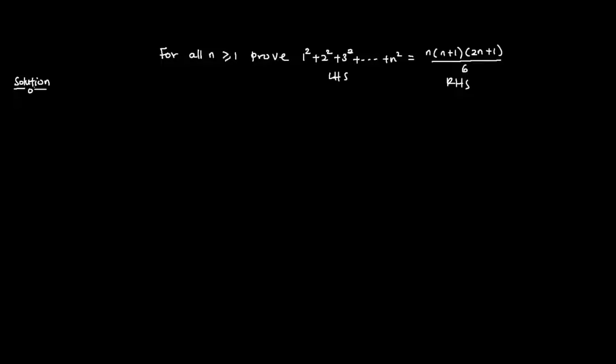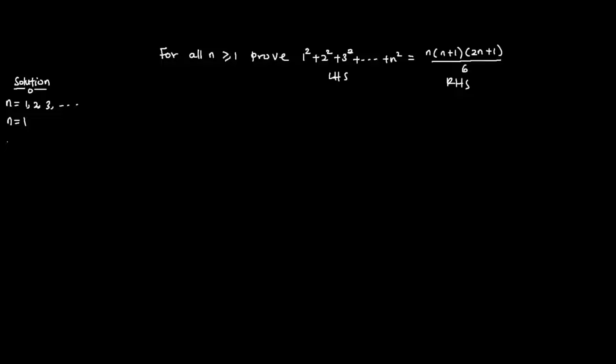Okay, so first of all, we have to test whether this is true for the first n values. So we have the n values to be equal to 1, 2, 3, and so on. So first of all, we are going to consider n equal to 1, and see whether this equation is true.